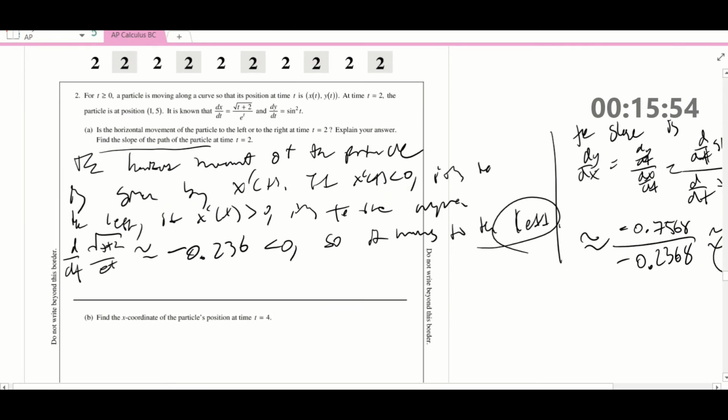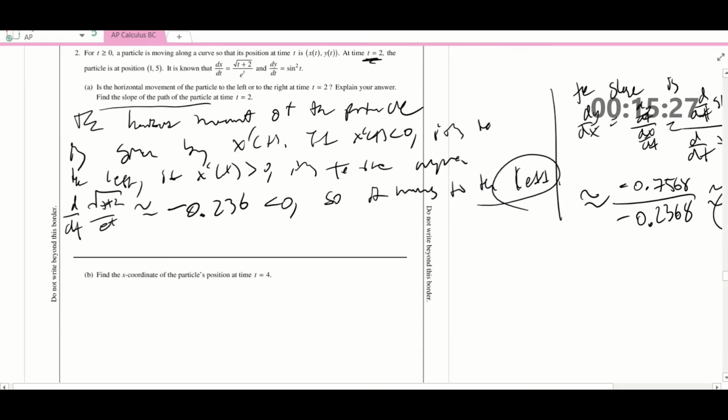Find the x coordinate of the particle's position at time t equals 4. We're given the position at time t equals 2, which is (1, 5). So we want to know how much it moved between times t equals 2 and t equals 4. Again, this is the fundamental theorem of calculus.